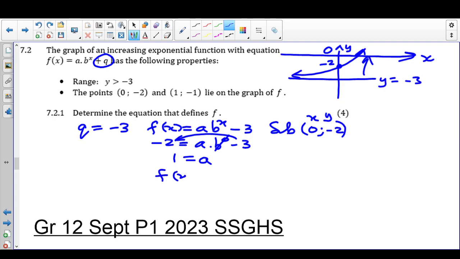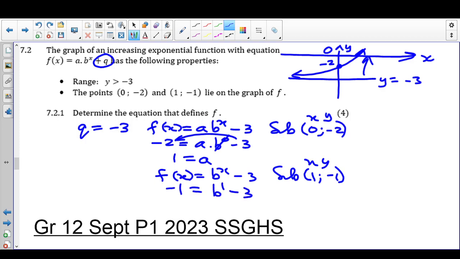So now my equation reads f of x is equal to 1 times b to the x minus 3. So what do I still need to solve? B. So you substitute 1 and minus 1. That's the x and the y. Okay. So negative 1 is equal to b to the 1 minus 3. So b is equal to 2.